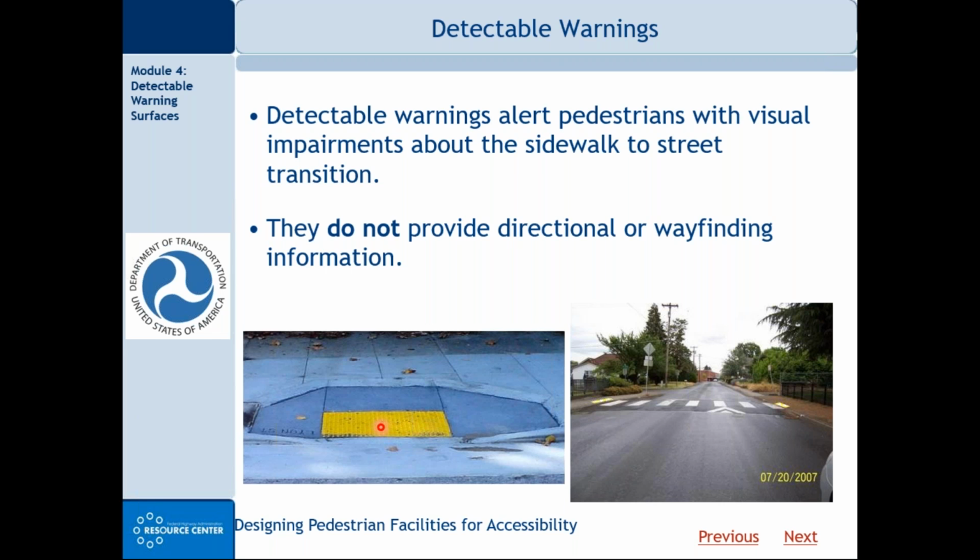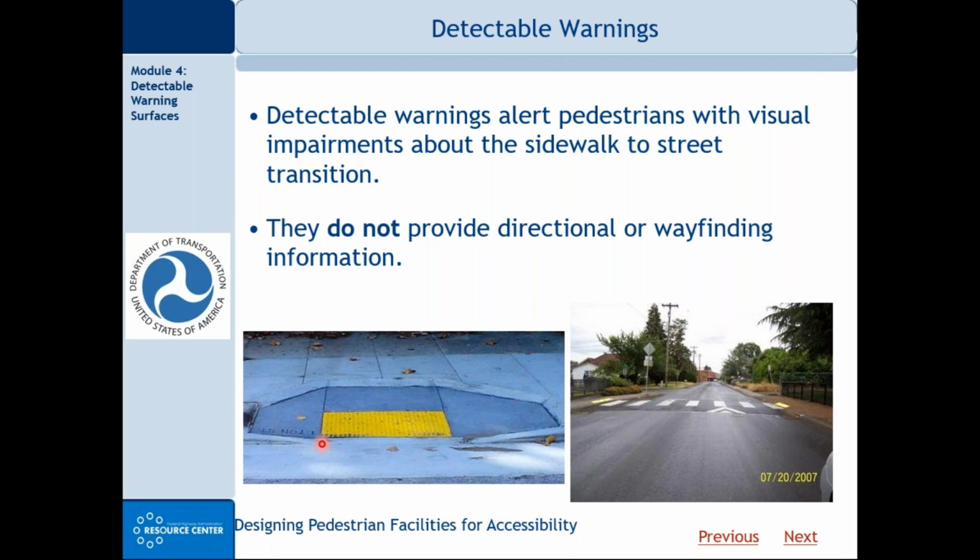The way the visually impaired check out their surroundings is principally through hearing. They would listen, for example, for APS signals, locator tones, or walk indications, or if not, they listen for the sounds of moving traffic to know when it is safe to cross the roadway.